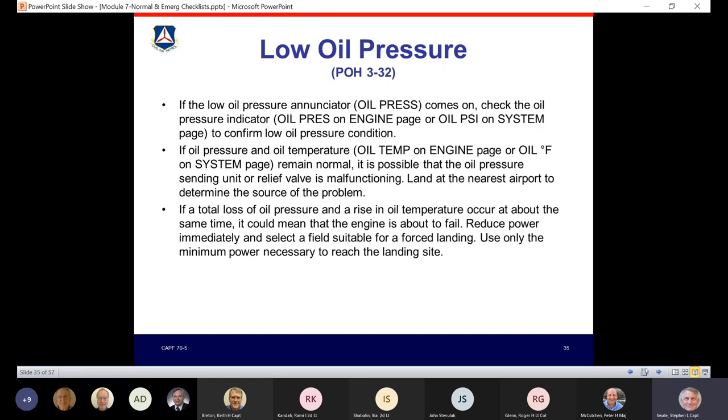Then the last item that I was asked to brief is low oil pressure. Again, it's not on the emergency checklist. This is in the POH. It's a much more concise write-up than what is in there for carbon monoxide.